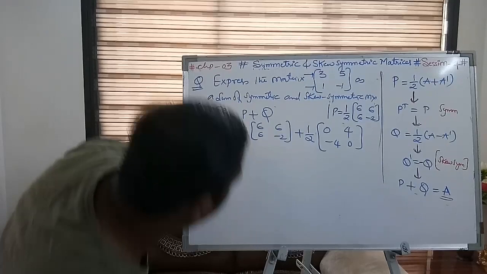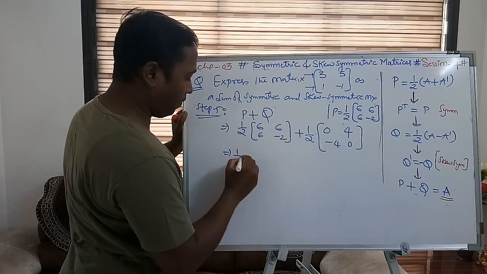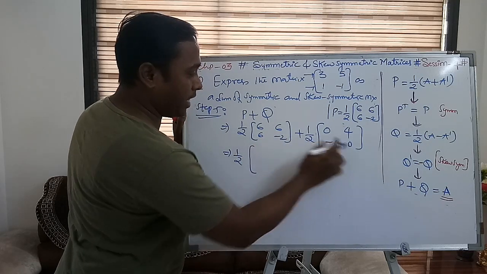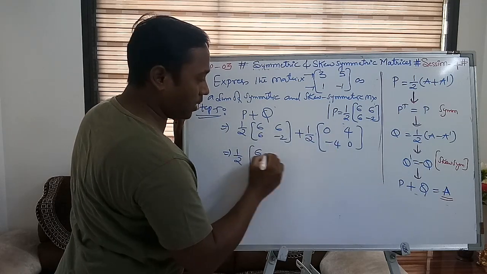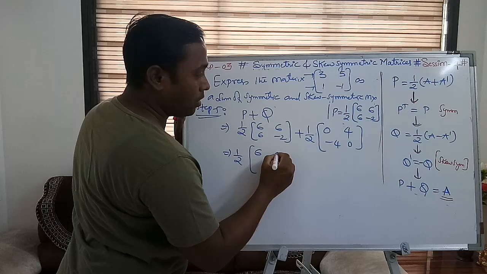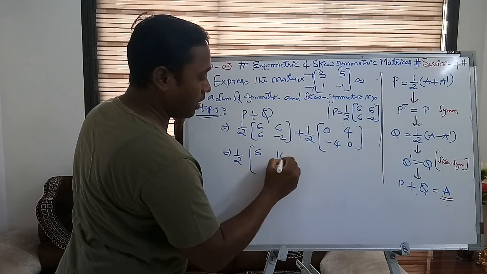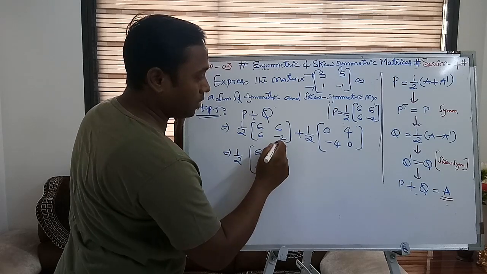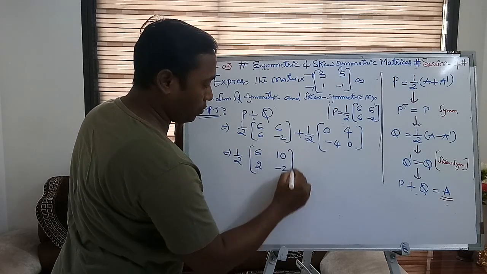Now by taking half as a common factor and adding these two, 6 plus 0 is 6, 6 plus 4 is 10, and here 6 minus 4 is 2, minus 2 plus 0 is minus 2.